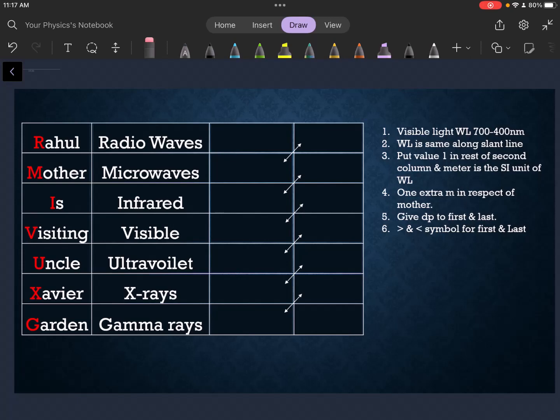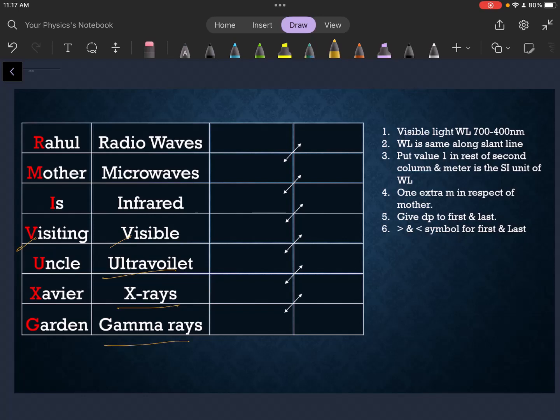For example, R in Rahul stands for radio waves, M in mother is microwave, I in is is infrared, V in visiting is visible, uncle is ultraviolet, Xavier is X-ray, and garden is gamma rays.